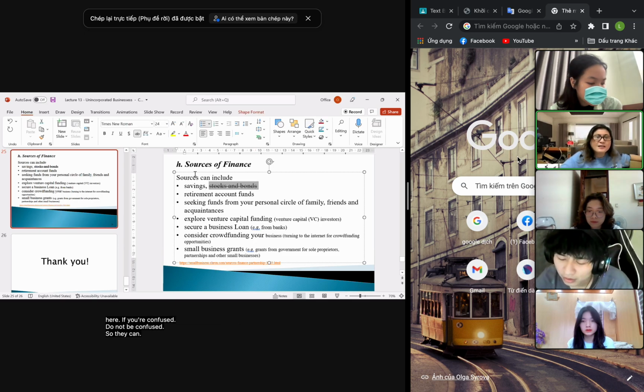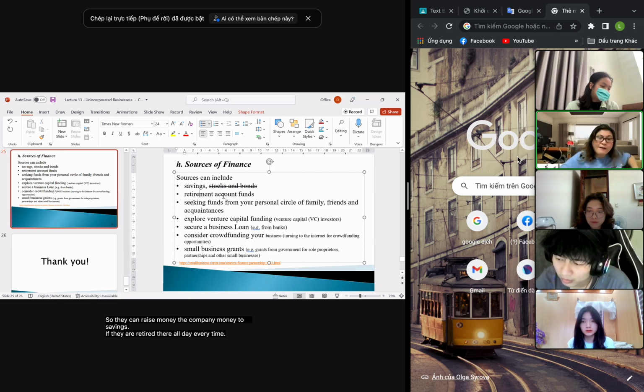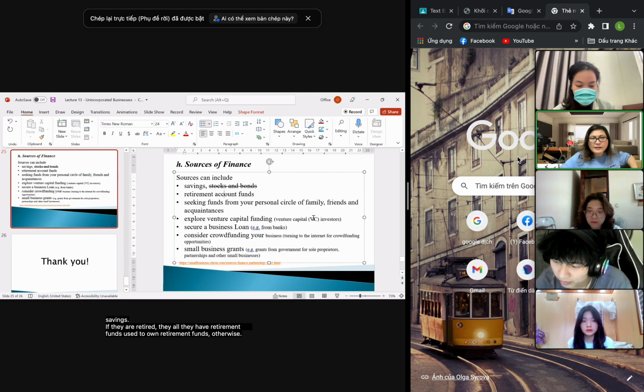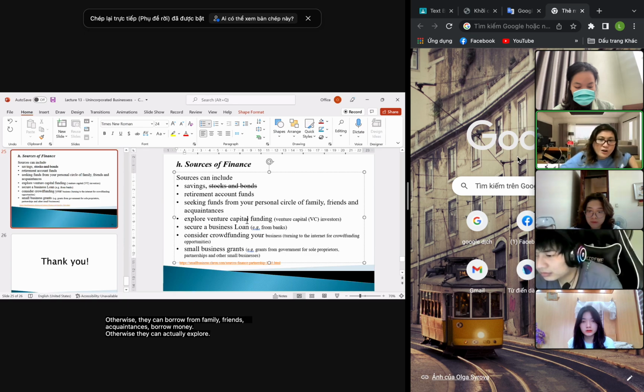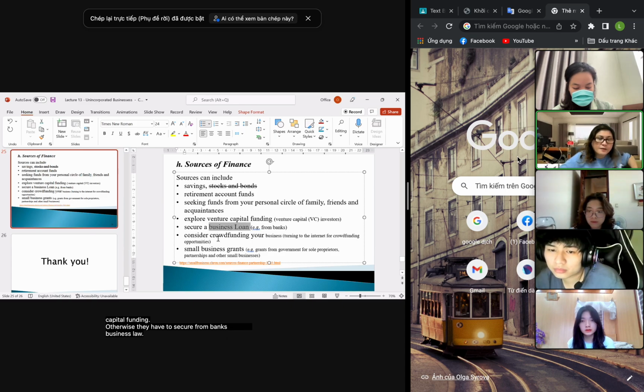So they can raise money, their company needs money, through savings. If they are retired, they're old, they have retirement funds, use their own retirement funds. Otherwise, they can borrow from family, friends, acquaintances. Otherwise, they can explore venture capital funding. Otherwise, they have to secure business loans from banks, or they can consider crowdfunding.